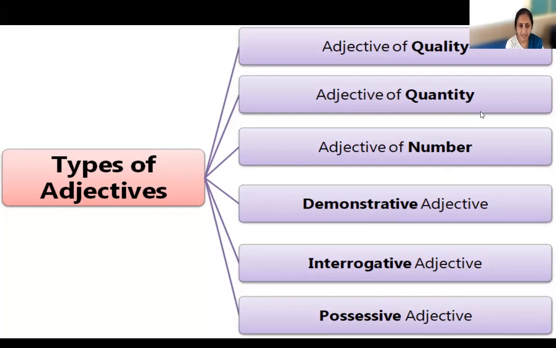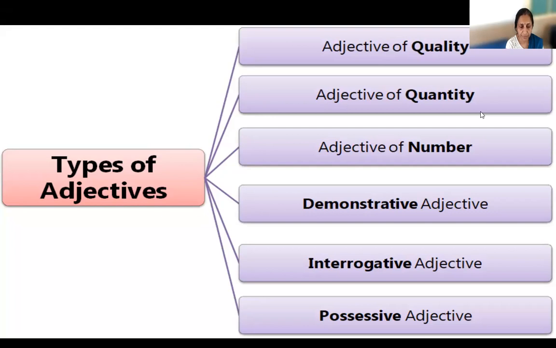Such adjectives come under adjective of quantity, where you will ask the question, how much? Next, we have adjective of number, where you will have the exact number of the noun you're talking about. It is also called definite adjective. And you have two types of numbers, cardinal numbers and ordinal numbers. And you can ask the question, how many?